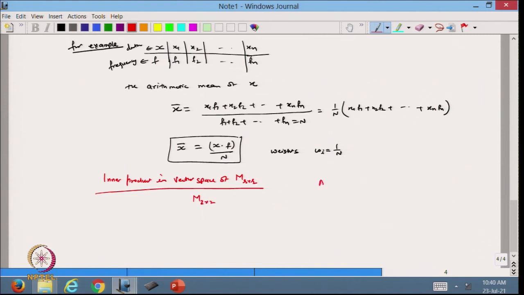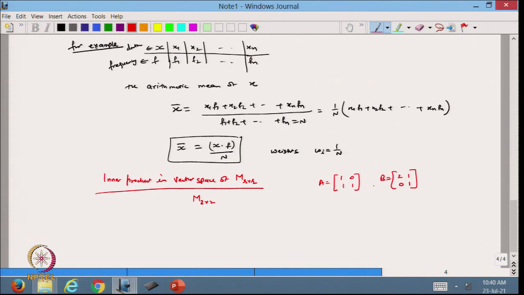Suppose I take the matrix A, I will write like this, 1 0, 1 1. I take another matrix B, that is 2 1, 0 1, something like this.